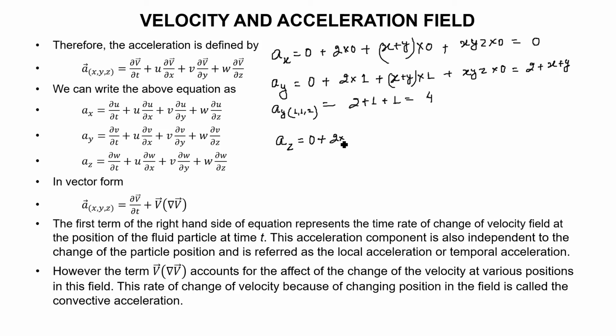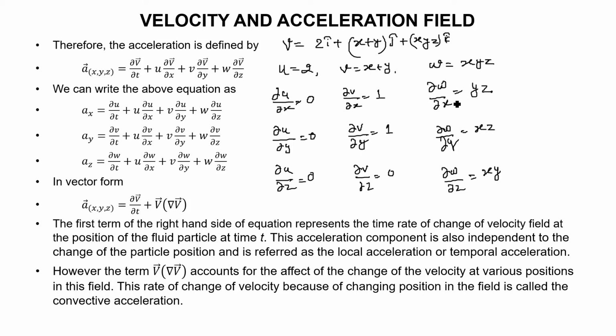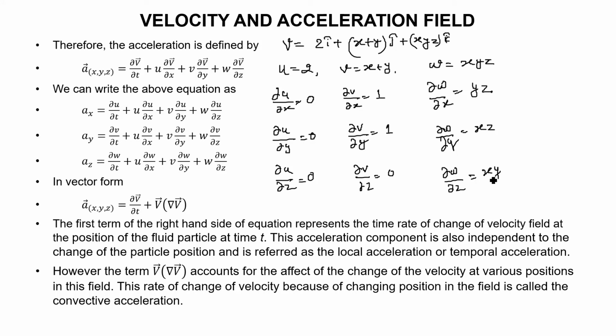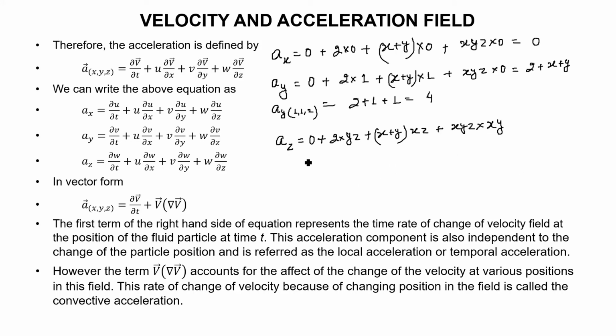The value of u is 2 and ∂w/∂x is yz, so 2yz, plus v, which is x + y, into ∂w/∂y, which is xz, plus w, which is xyz, into ∂w/∂z, which is xy. So az = 2yz + (x + y)xz + x²y²z.